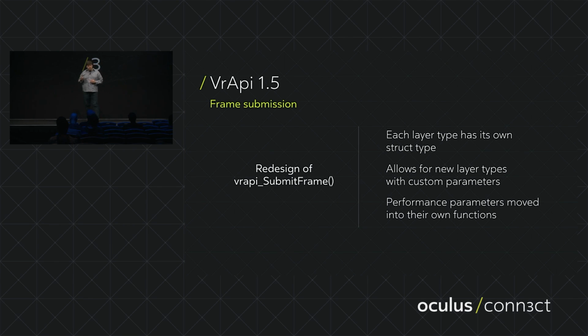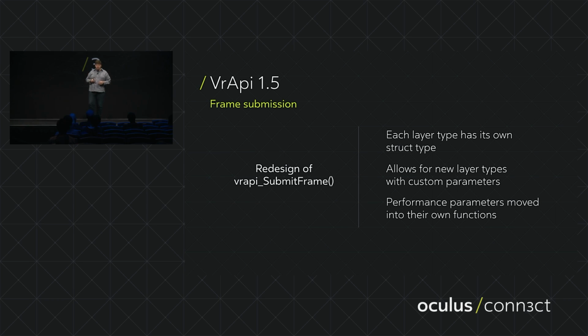One of the biggest changes that we're going to make is to the VrApi submit frame function. Now, we're going to bring this in line to look a lot more like the Rift SDK OVR submit frame function. That is to say, instead of the monolithic structure that you would have to fill out before, which included everything from your layer descriptors to your eye buffers to performance parameters, you now are going to pass in a pointer to an array of structures of layers where the first 4 bytes of every layer defines the type.